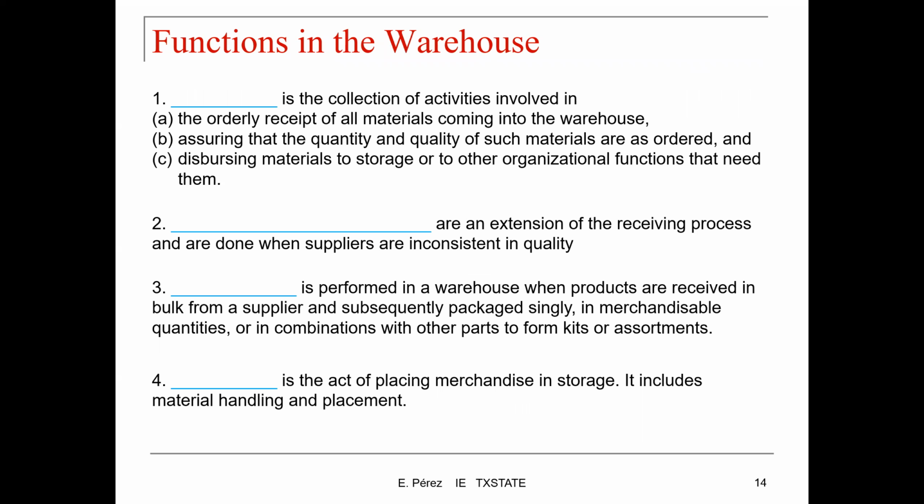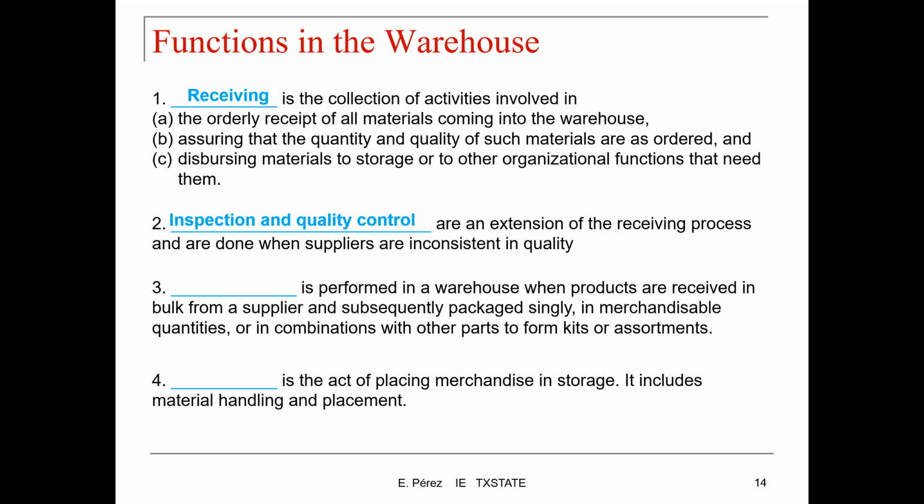So functions in the warehouse. Number 1, receiving is the collection of activities involved in the orderly receipt of all materials coming into the warehouse, assuring that the quality and quantity of such materials are as ordered, and dispersing materials to storage or to the other organizational functions that need them. Number 2 is the inspection and quality control, which are an extension of the receiving process and are done when suppliers are inconsistent in quality. So it's important.